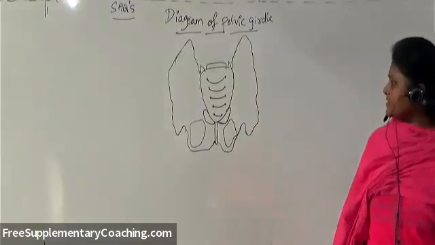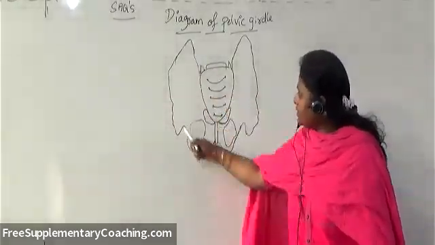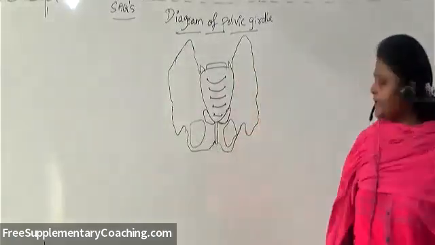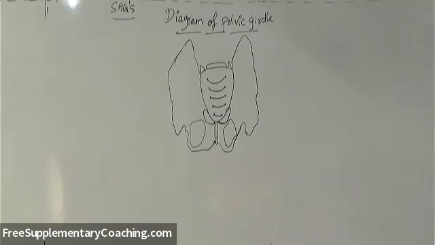So like this, first the sacrum portion you are supposed to draw, and after that you can show the ileum and then ischium bones. Hope that you people are drawing simultaneously.